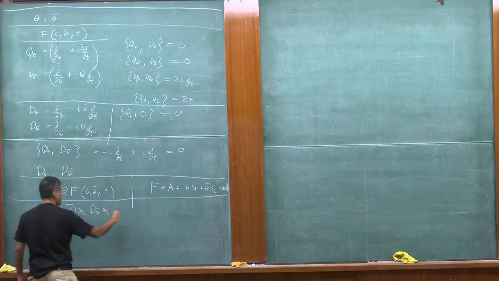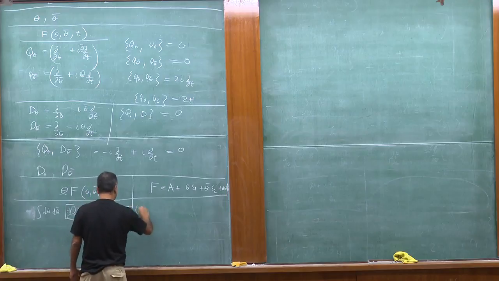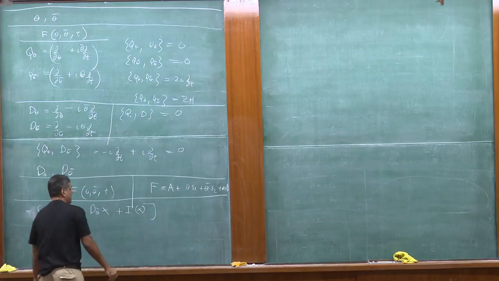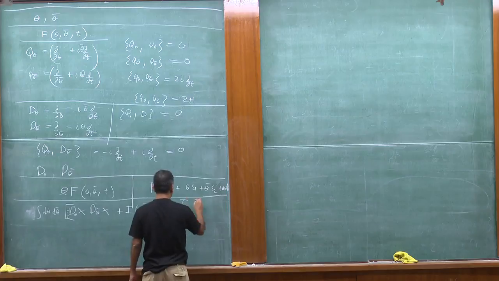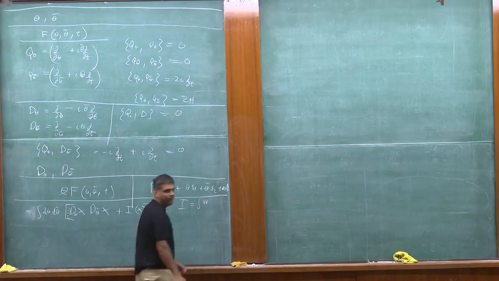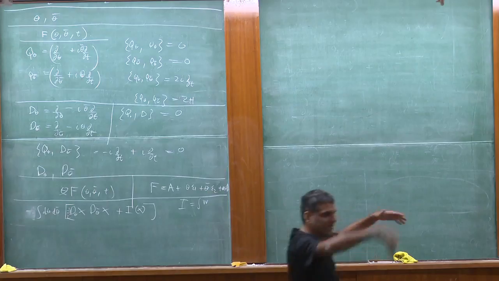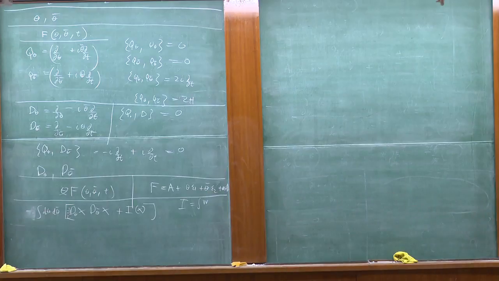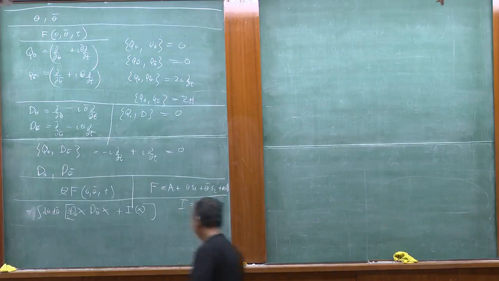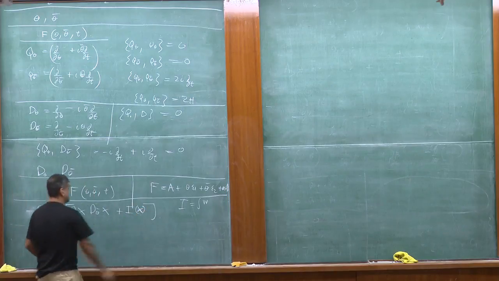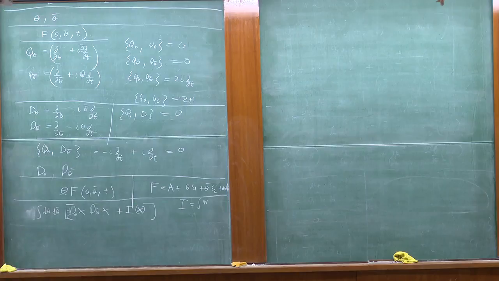Minus half plus I of X, where I is the integral of W. So I is the function whose derivative equals W. W, remember, was our superpotential. Okay? Find a function whose derivative equals W. This is capital X, I of capital X. Okay? This, I claim, gives us a manifestly supersymmetric Lagrangian.